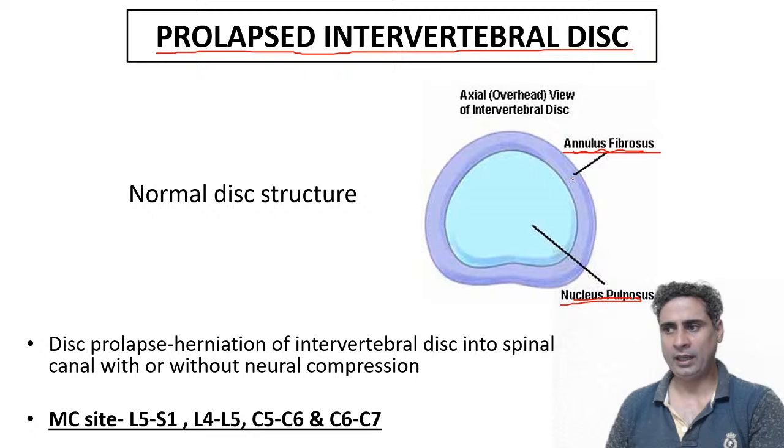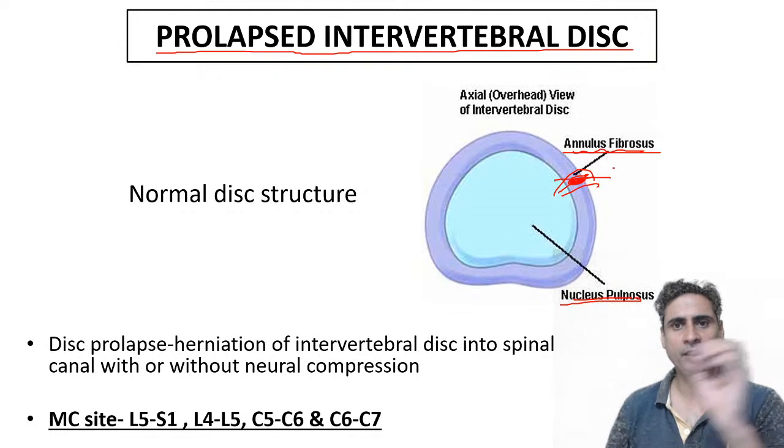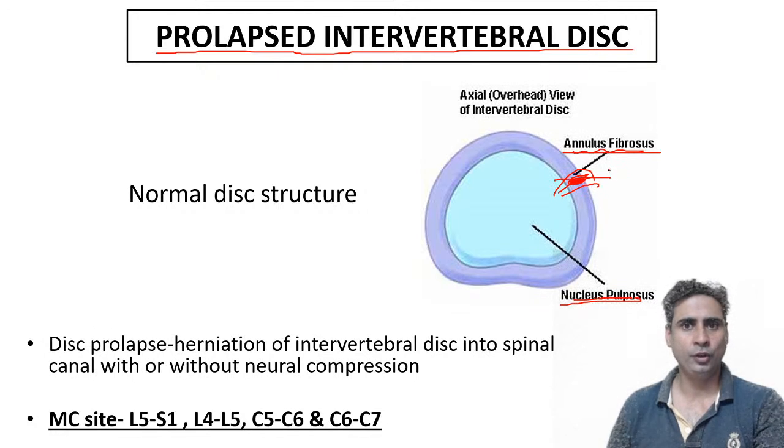In disc prolapse, what happens? There is some defect in this annulus fibrosus, and this nucleus pulposus part will bulge, and it will cause compression of neurological structures in the spinal canal.